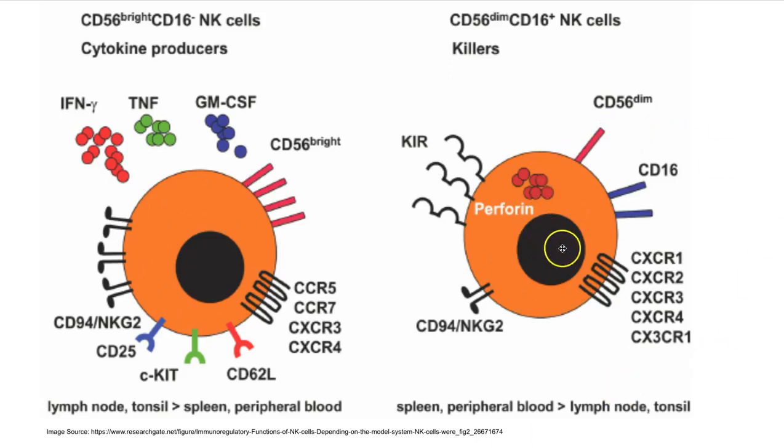CD56 dim natural killer cells are the most abundant type of natural killer cells in the blood, while the far less abundant CD56 bright cells are found in the tonsils and lymph nodes. It's believed that CD56 bright cells mature into CD56 dim cells, and data from this study also illustrated that VZV consistently favored mature CD56 dim cells for infection.